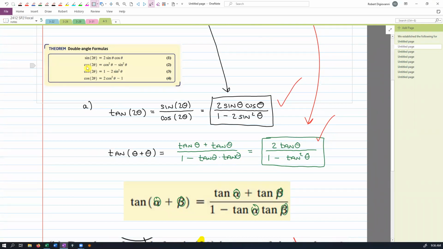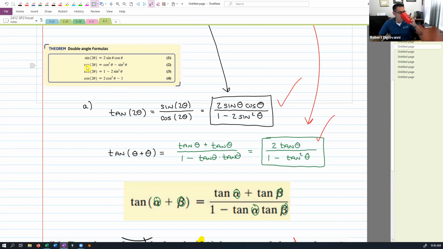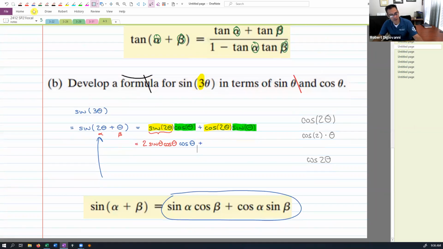The 1 minus 2 sine squared theta, you want that one? Okay, so I'm going to replace that right here with 1 minus 2 sine squared theta, and then sine theta.